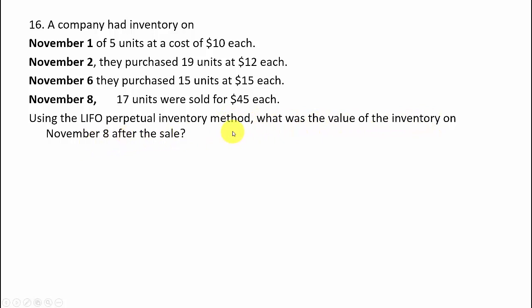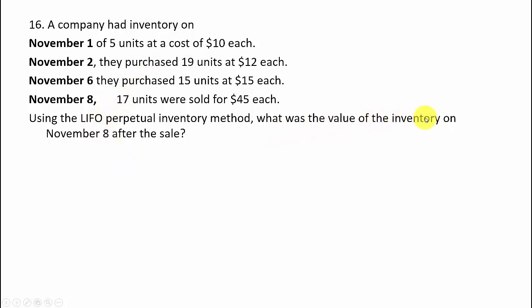Well, if we sold 17 units and we used LIFO, that is the last thing in was the first thing out the door, then of these 17 units, that means that these 15 units are going to be gone. They're sold. And 2 of these are sold. Now, what does the question want to know?